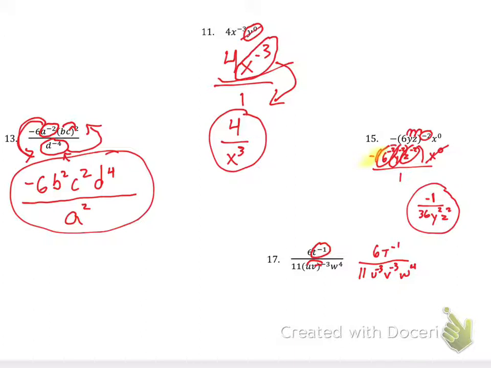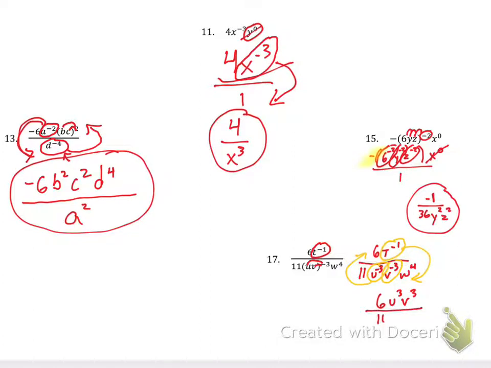So, just like we did before, I want to get rid of this. It's going to go on the bottom. And then anything with a negative exponent on the bottom is going to go to the top. So after I do that, I will have 6, because that stays, and then u to the 3rd, v to the 3rd, and on the bottom I'm going to keep my 11.